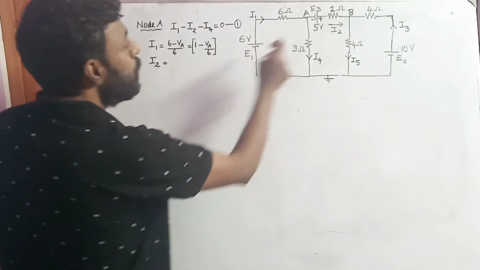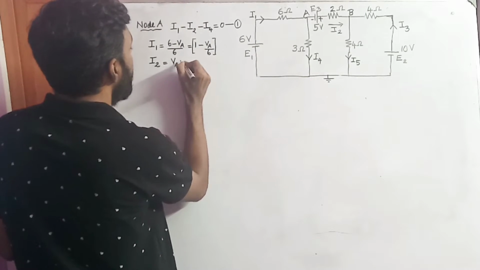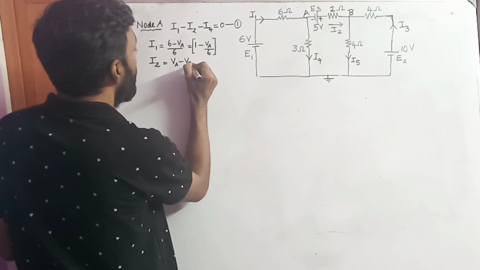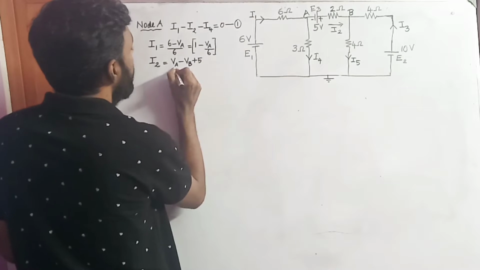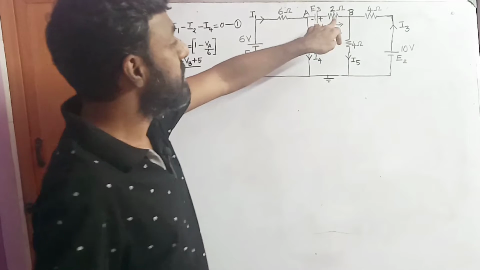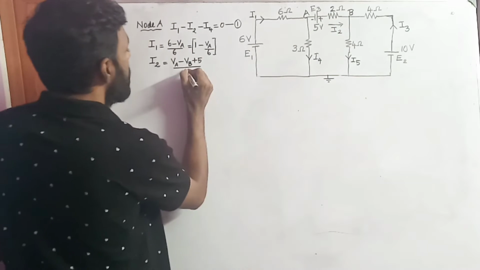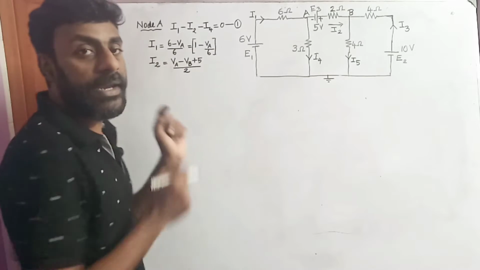So I2 will be VA minus VB plus 5, divided by the resistor placed in this branch, the value of the resistor being 2 ohms, divided by 2. So this is the value of I2.